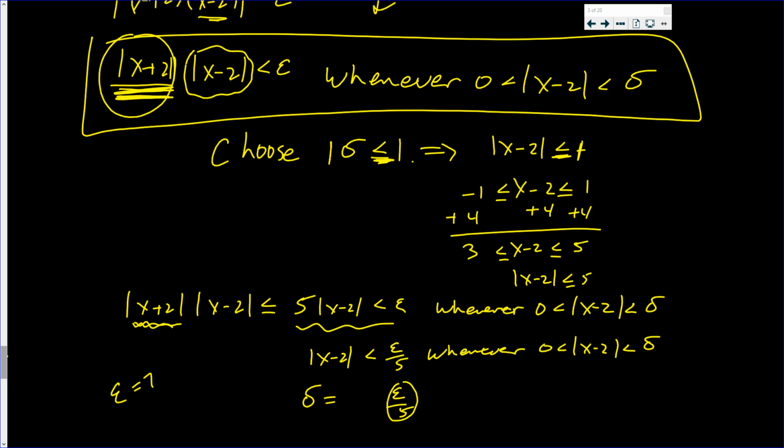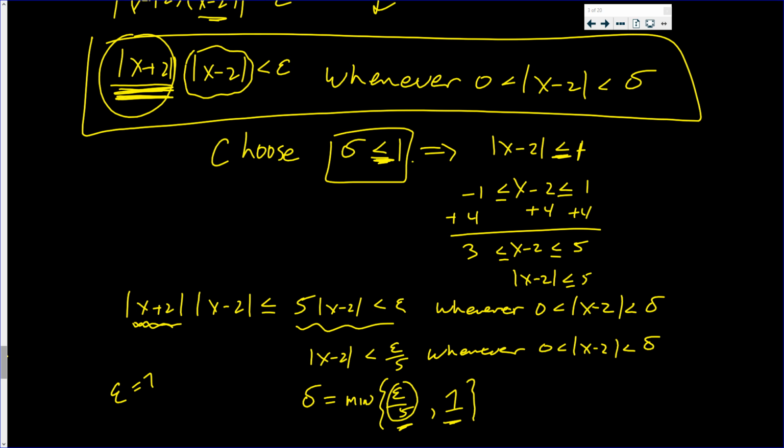But we claim that delta is less than 1. Okay, so we're going to take the minimum of epsilon over 5 and the number 1. So if epsilon is less than 5, epsilon over 5 is going to be the least, and that's what you use. If epsilon is bigger than 5, you have to use 1.